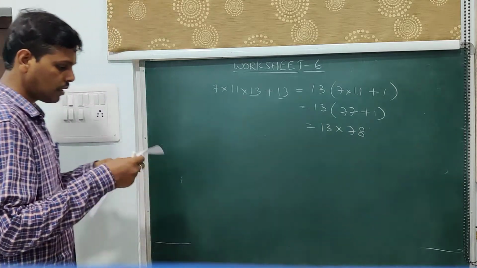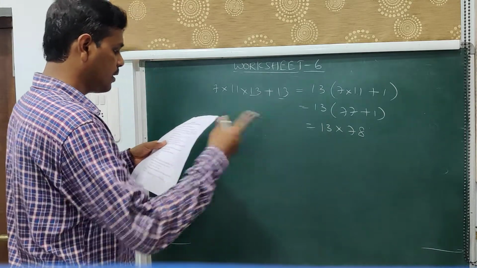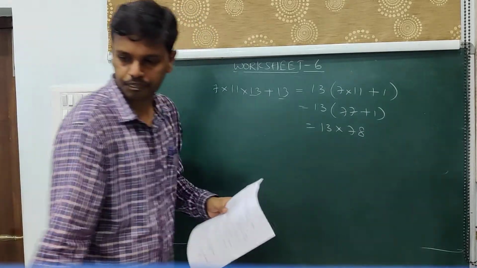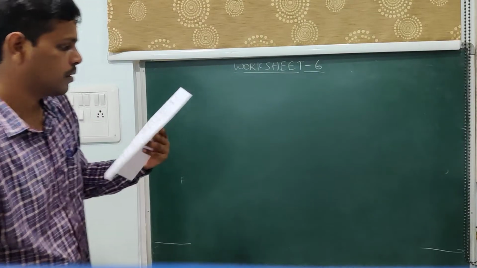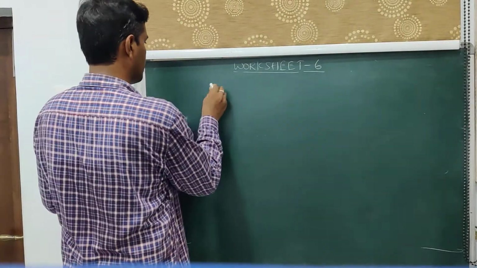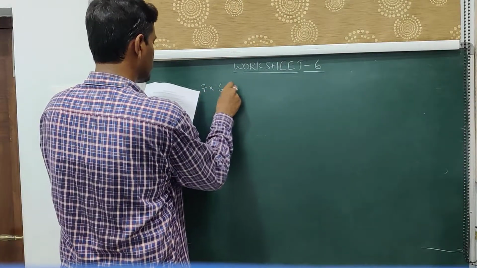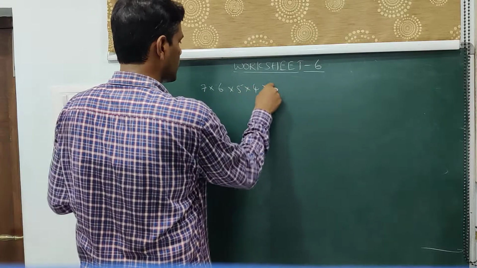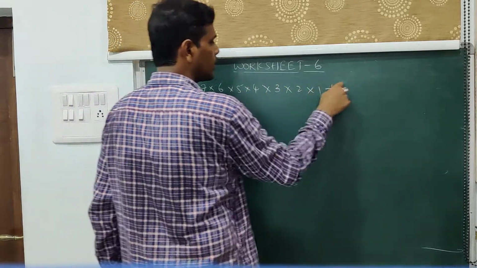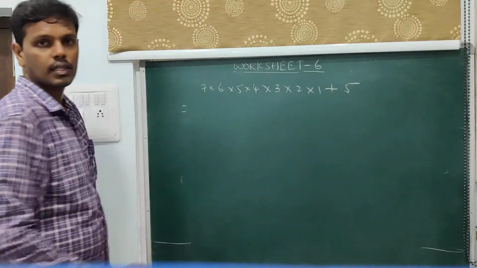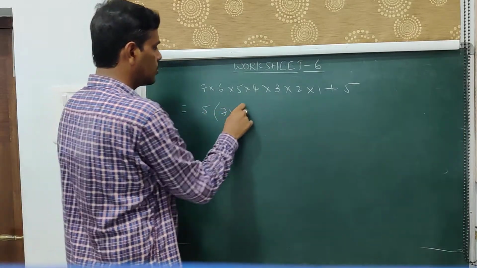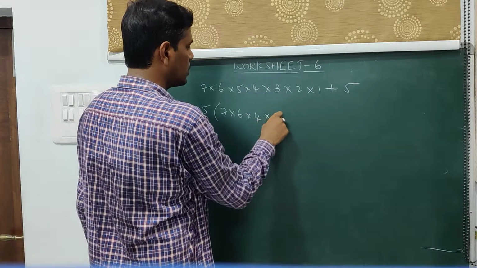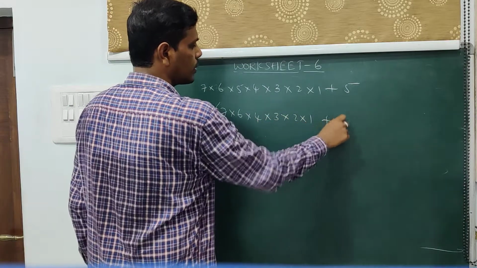Now, the same logic can be applied for the next one as well: 7 into 6 into 5 into 4 into 3 into 2 into 1 plus 5. Out of this you can take 5 common, similar to the previous problem. So this is 5 times (7 into 6 into 4 into 3 into 2 into 1 plus 1).